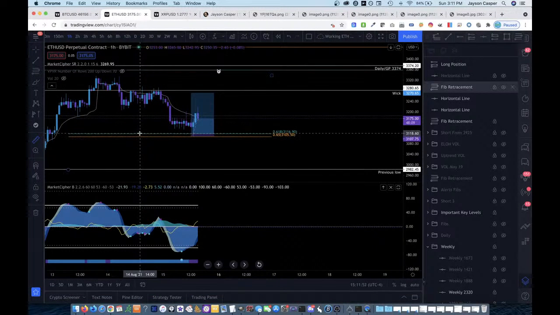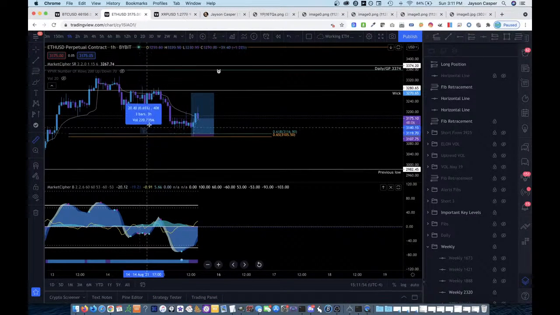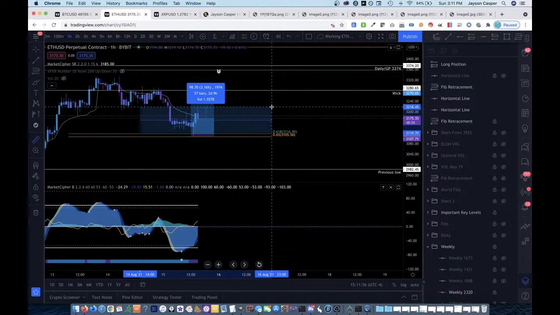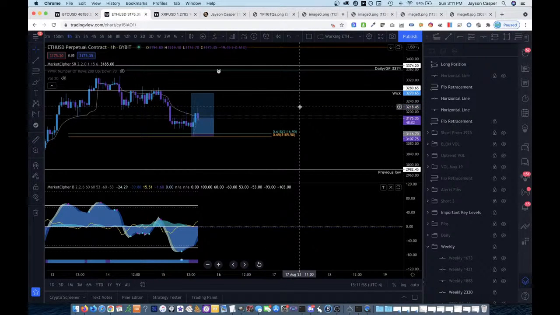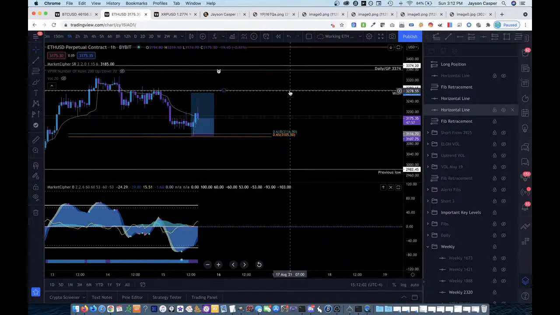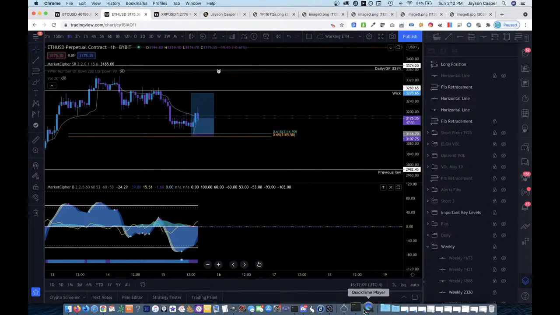Well, I didn't long from the bottom. I longed from right around here. So a 3.6% move, so 5% all in all. If I was using 1x, it's not bad. It's not bad for 2 trades. And they were low stress, guys.